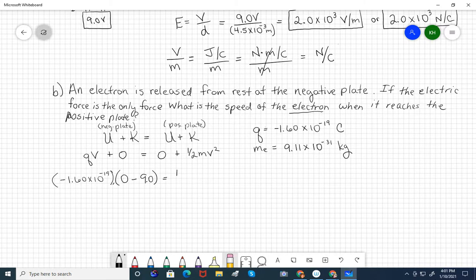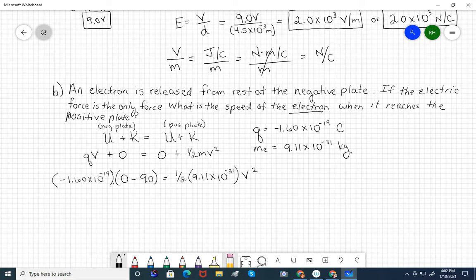And that has to equal 1/2 mv squared. It's pretty straightforward. This side's going to be positive. Remember, the potential where it began was 0, the potential where it ended was positive 9. So potential at A minus potential at B times the charge.